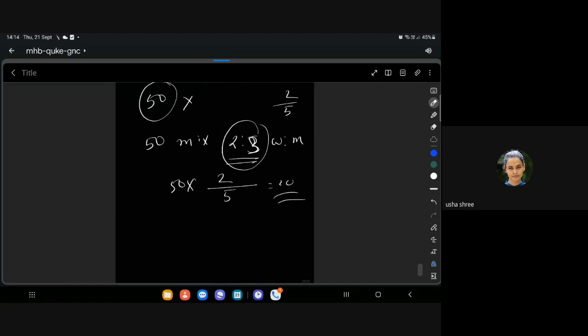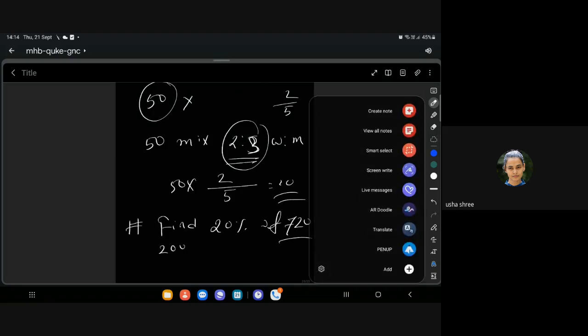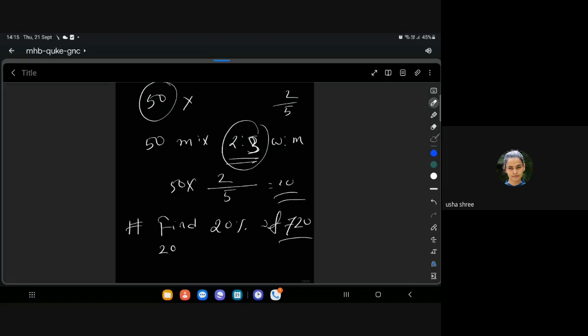Now a simple problem I am giving you. Find 20% of 720. 20% means 20 by 100. 20% of means multiplication of 720.